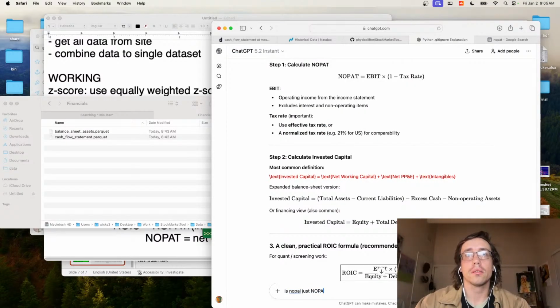NOPAT is net operating profit after tax, just cash at end minus cash at beginning minus operating costs.